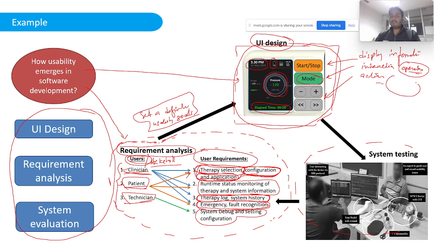Action means the overall action. So an action can be therapy selection, while an interaction can be pushing a mode button. An action is a broad level task, interactions are operation level tasks, and information is all the information that appears on the graphical user interface.